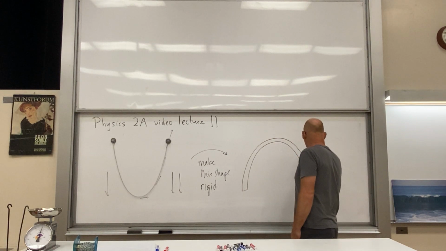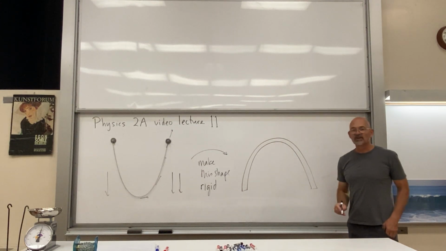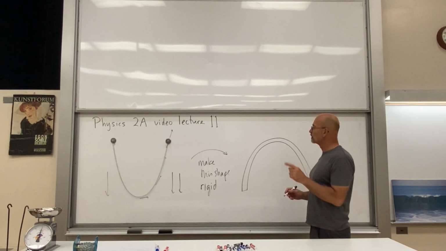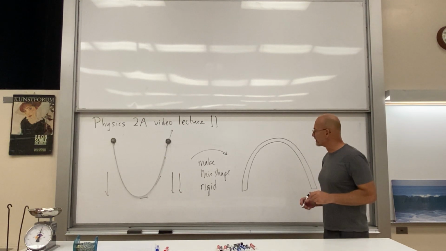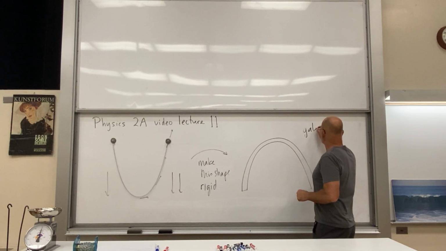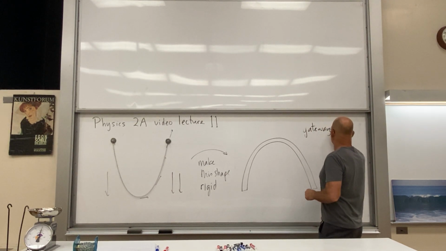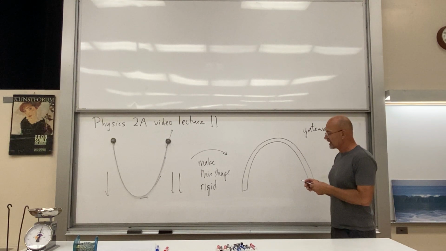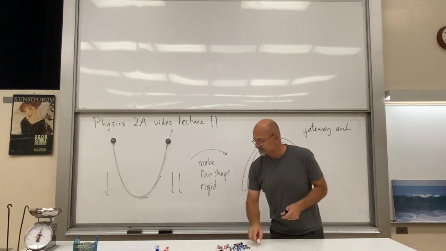Well, there's a very famous structure where they've done just that. It's called the Gateway Arch in St. Louis. So that's what you want to add to your list of pictures. So this is called the Gateway Arch. It's not the only place this principle has been used, but the principle is this.